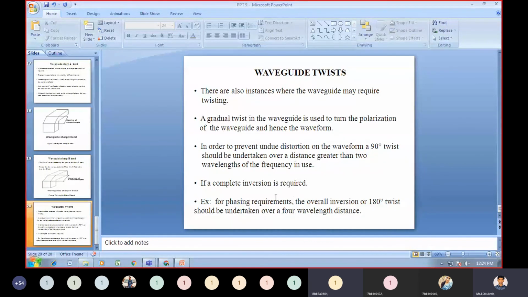This will be a complete inversion of the waveguide polarization. For example, if you require a phase change in any waveguide, first you need to do the overall inversion of the polarization of the waveguide. Then you will get the twisting. That twisting should be taken over a quarter wavelength distance.